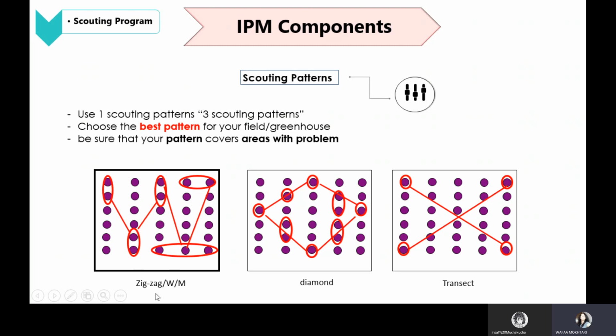So if you need to do these patterns, please go for zigzag. Choose the best pattern for your field or greenhouse, and be sure that your pattern covers areas with the problem.